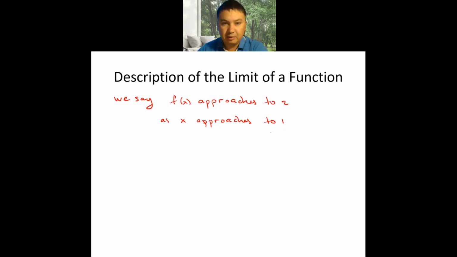And we can also write it as a shorthand: the limit as x goes to 1 of f of x equals 2. That's the shorthand.